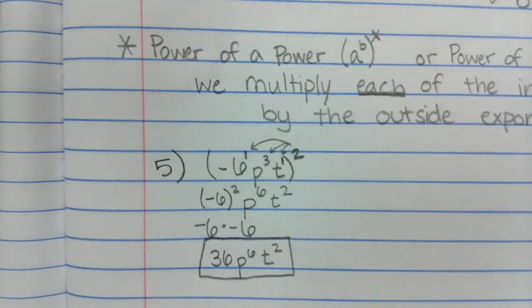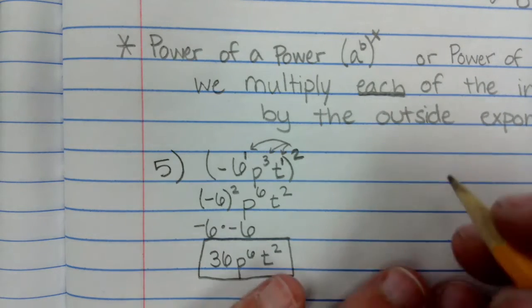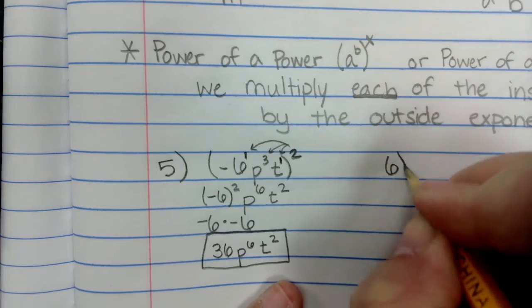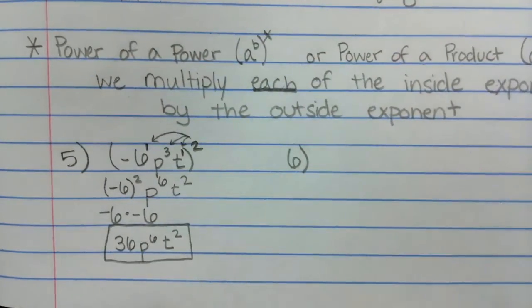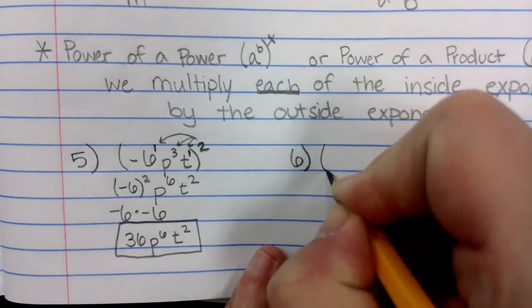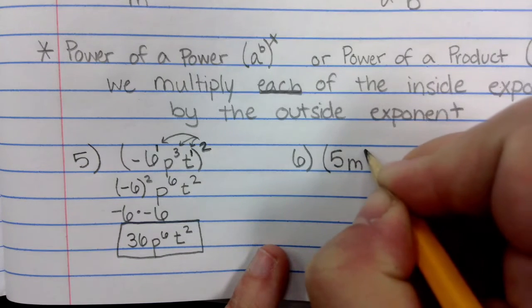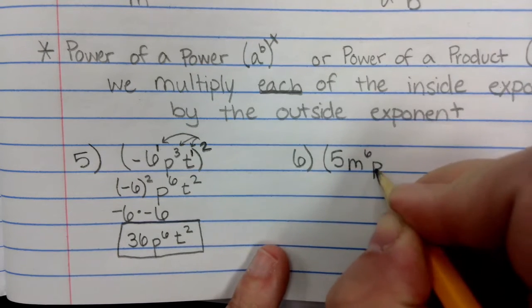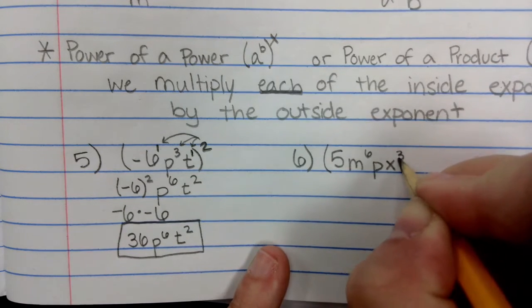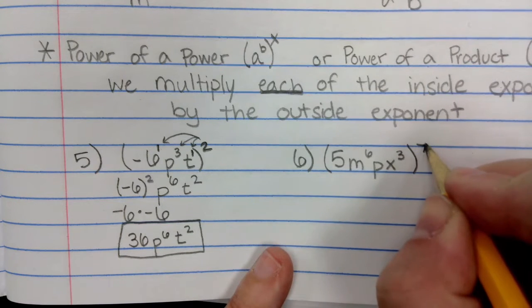All right, we have one more. I'm going to give you a little bit of time to try this one on your own first, and then we'll do it together. So for number 6, we're going to have the quantity of 5 m to the 6th power p x to the 3rd power, and it's all taken to the 7th power.